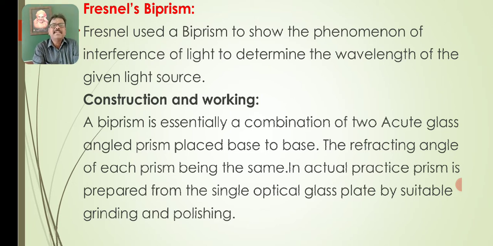A biprism is essentially a combination of two acute angled glass prisms placed base to base. So the biprism consists of two acute angled glass prisms placed base to base, the refracting angle of each prism being the same.